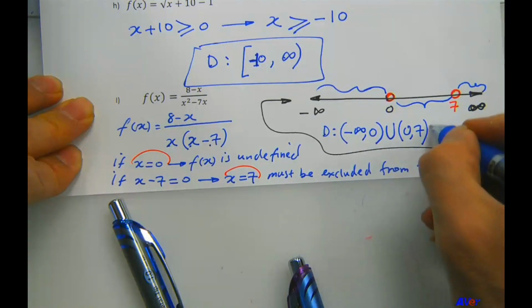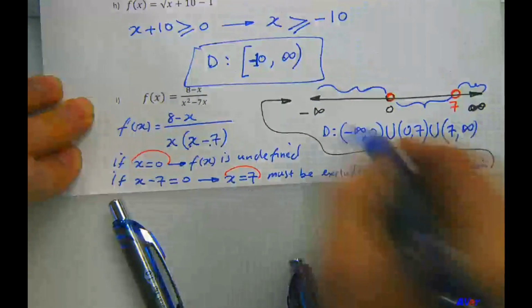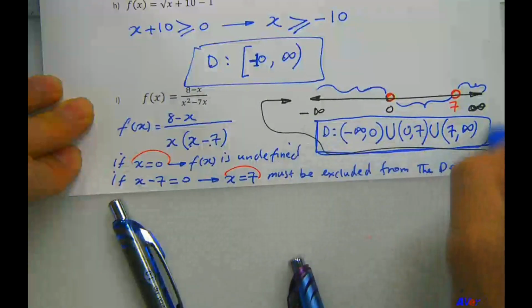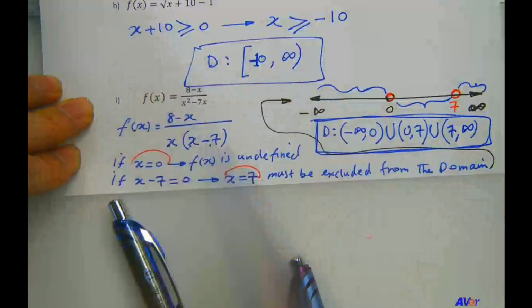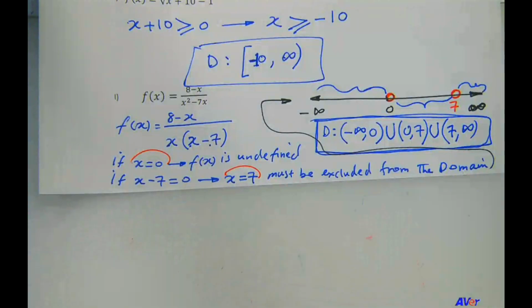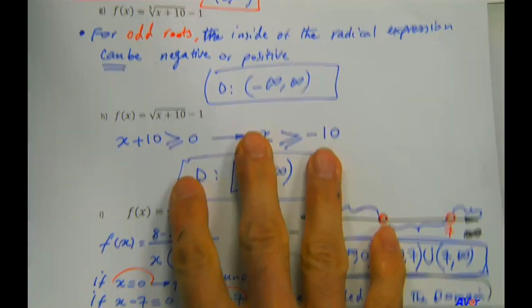Parentheses. Union, that piece, parentheses 7, comma infinity. So there's the domain of that rational function.